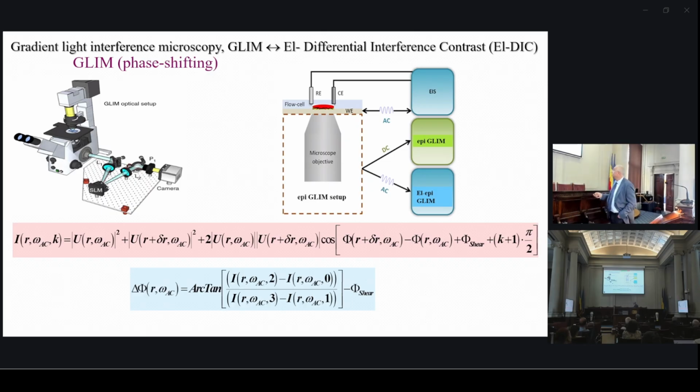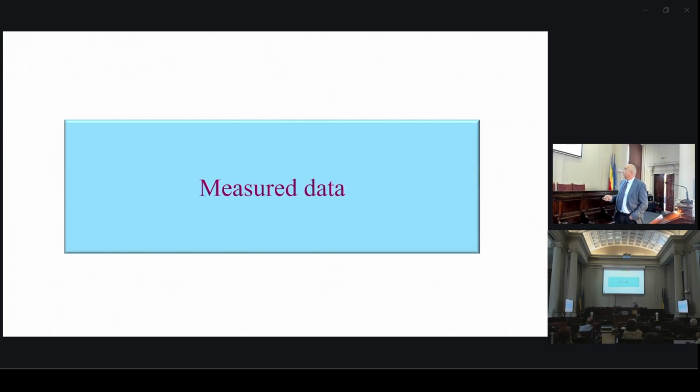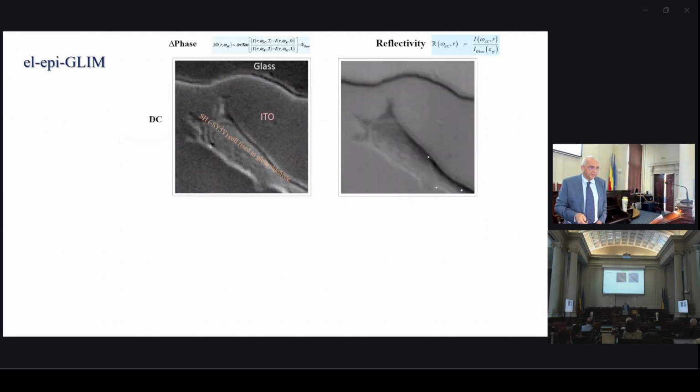The phase difference, in this case, is simply derived based on the phase shifts. But we were interested to find out if just merely by AC, alternating current actuation, we could get rid of the phase shift. And in the last slides, I'll pinpoint the results.